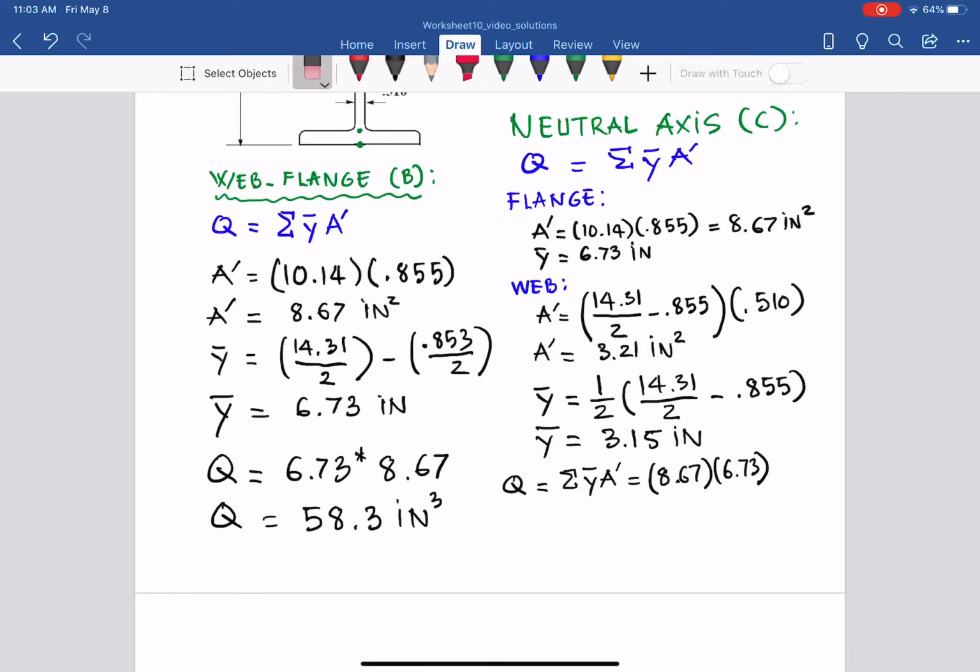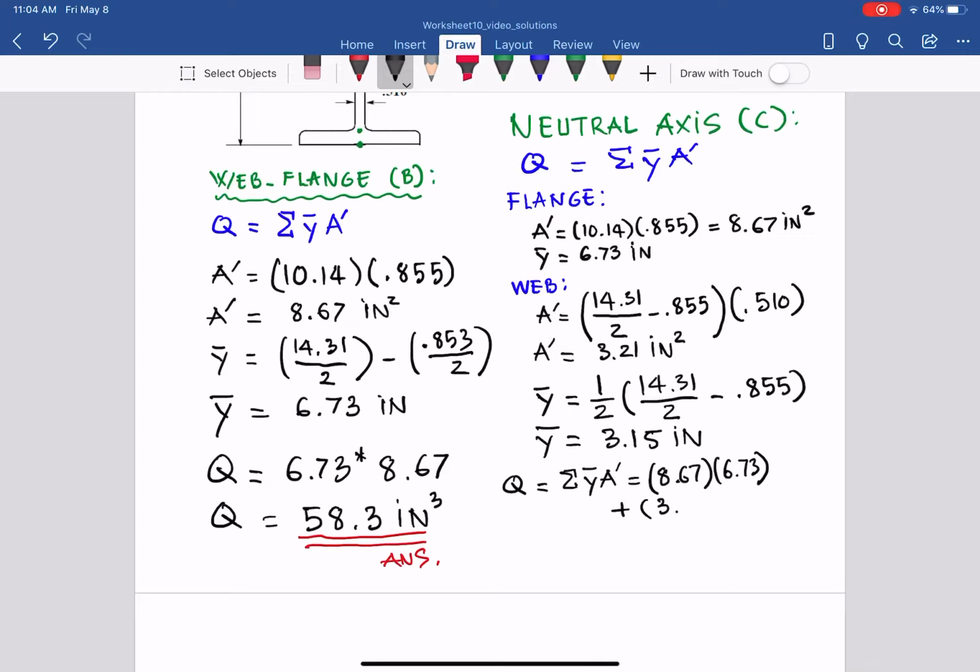We already found that here. And then we also plus 3.15.